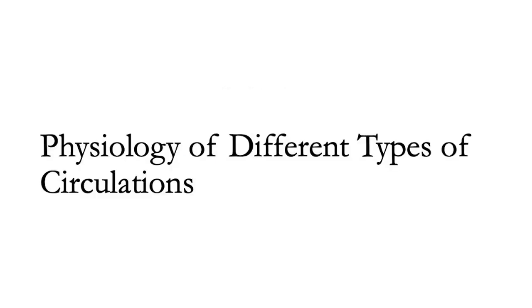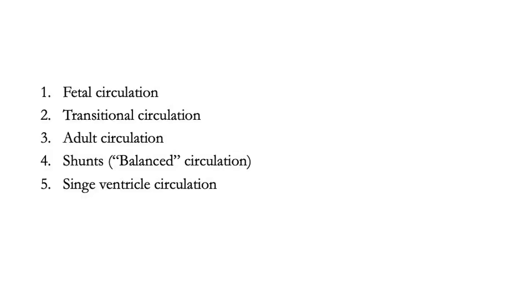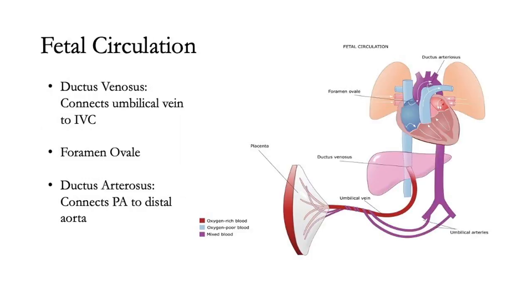We will now move on to the physiology of different types of circulations. The 5 circulations we will discuss are the fetal circulation, transitional circulation, adult circulation, shunts, and single-ventricle circulation. The fetal circulation comprises 3 additional circulatory channels.